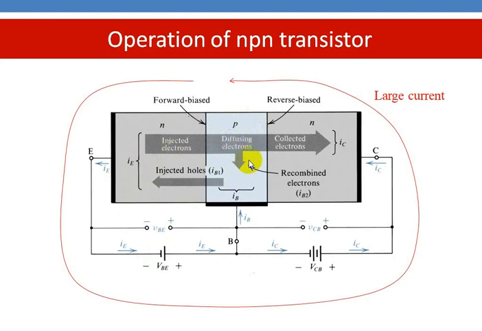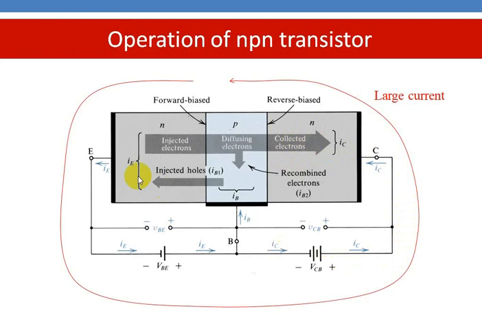The number of holes will be less as compared to the number of electrons in the N region. Now the electrons are pushed into this P region. Some electrons will combine with holes, and that constitutes base current. The remaining electrons will be pushed into this N region, that is into this region, and these electrons will be attracted towards the positive terminal of the source.